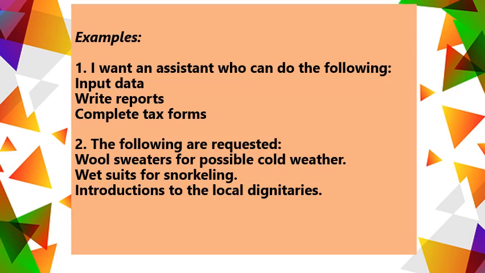For example, I want an assistant who can do the following: and the list is given in the next line. Input data, write reports, complete text forms. Number 2: the following are requested: wool sweaters for possible cold weather, wetsuits for snorkeling, introductions to the local dignitaries.